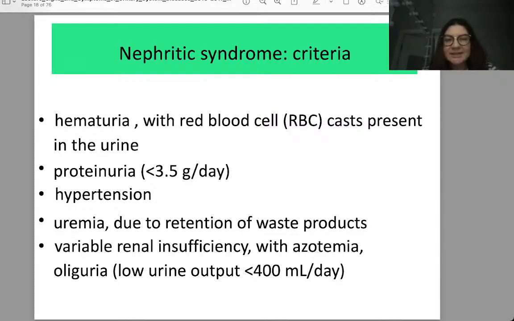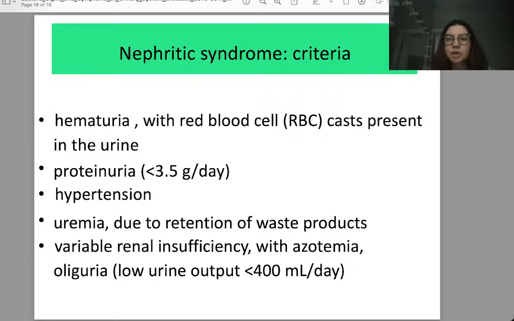Criteria of nephritic syndrome. In nephrotic syndrome it was proteinuria. For nephritic, in the first place it is hematuria, usually with red blood cell casts present in urine. In second place it is proteinuria. It is usually present in nephritic syndrome too, but usually not so intensive.